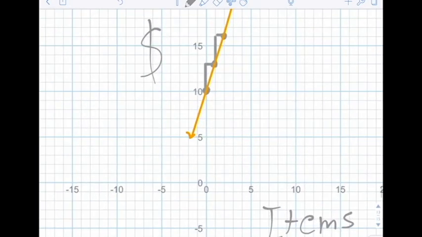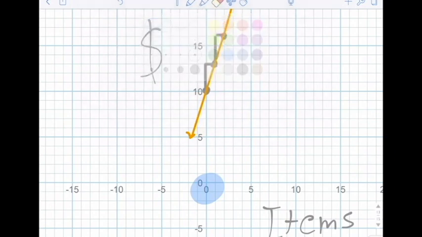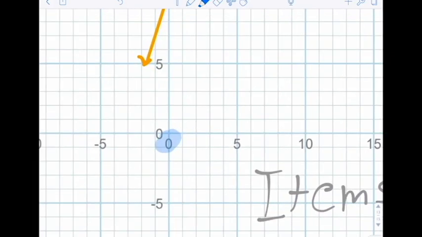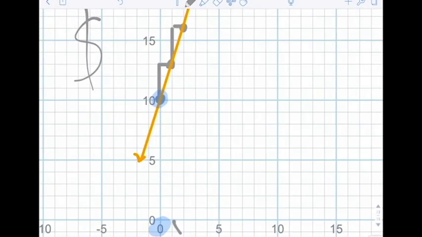And you can see at 0 items right here, Jenna still makes $10. But at 1 item, actually it would be right here, would be 1. She would make $13. And this is 13, this point right here.